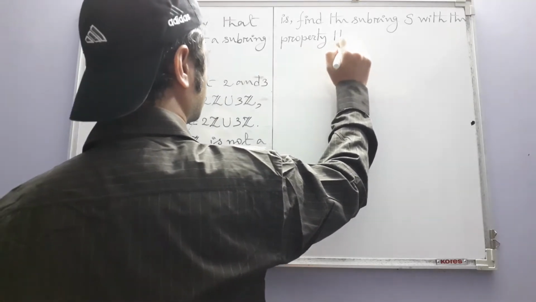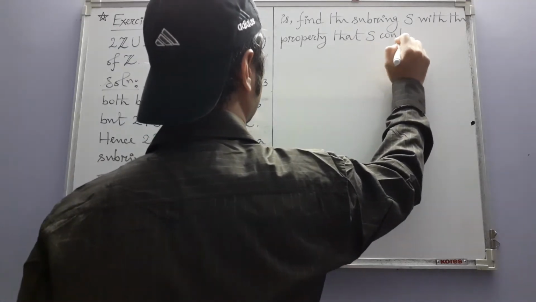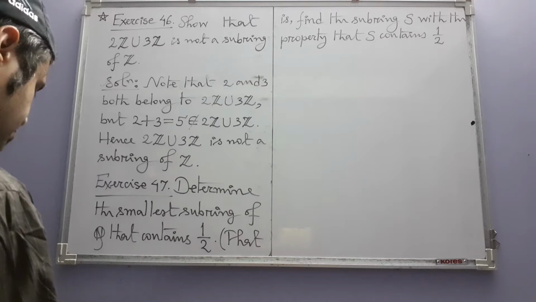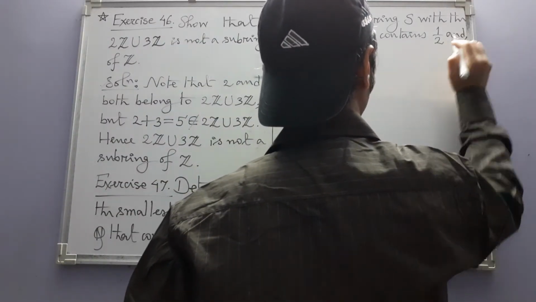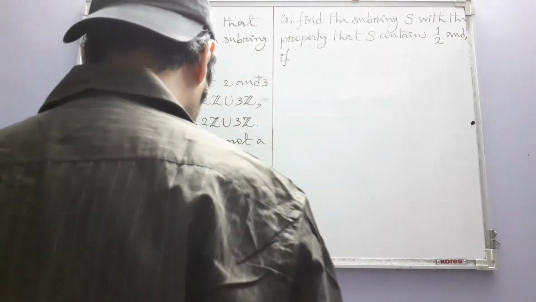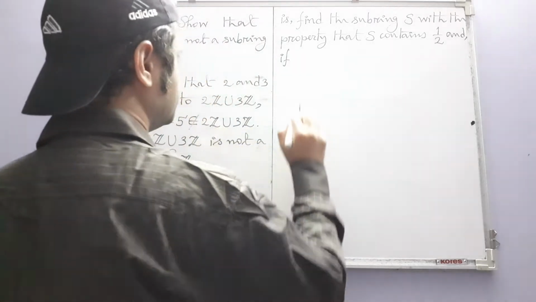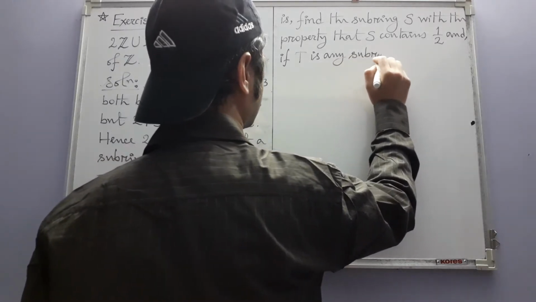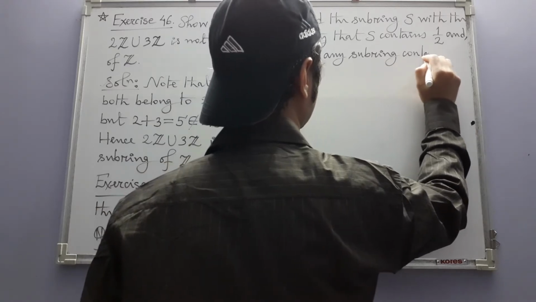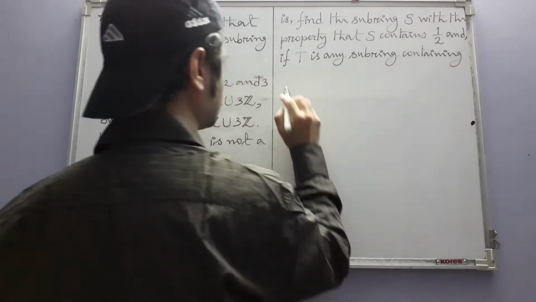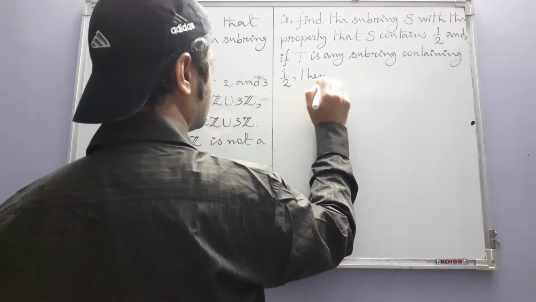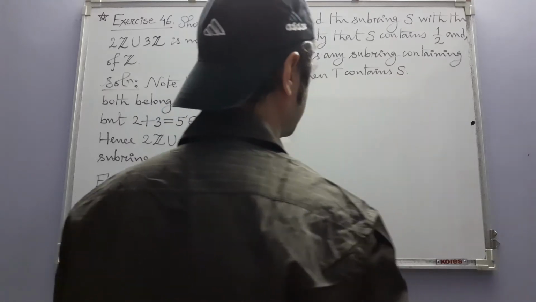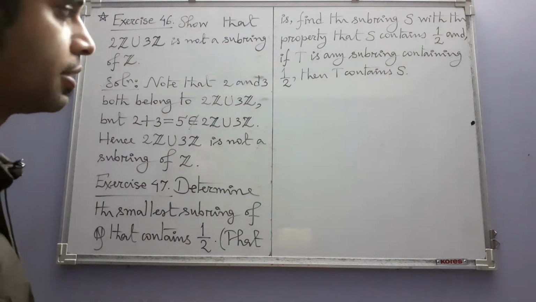With the property that S contains 1 over 2, and if T is any subring containing 1 over 2, then T contains S as a subset.